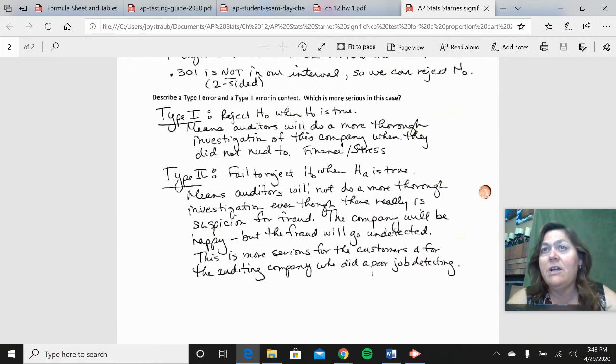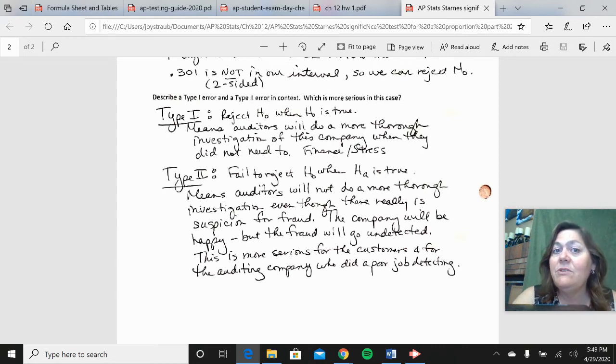So we're going to reject the H0 when H0 is true when we have a type 1 error. That here means that these auditors are rejecting H0 and they're going to do a very thorough investigation of the company when they didn't need to, right? So that's going to cause a lot of money and stress on the company, a lot of money to run the special audit, if we make a type 1 error.